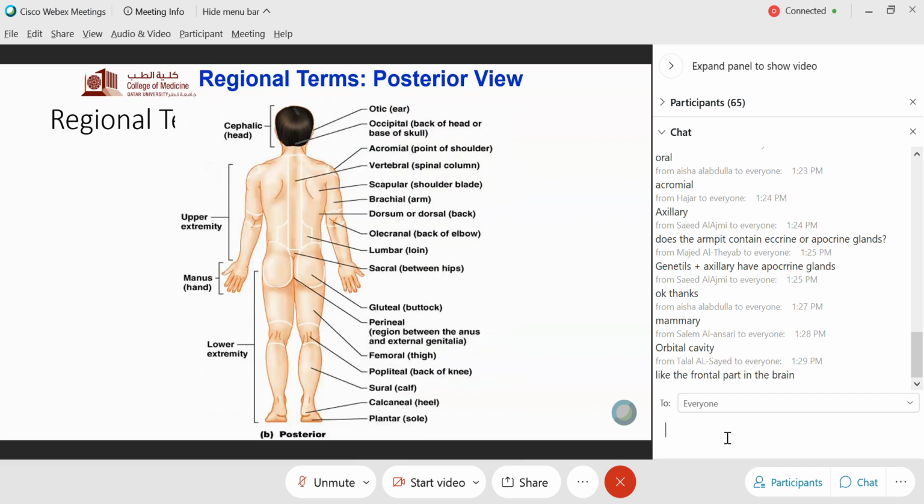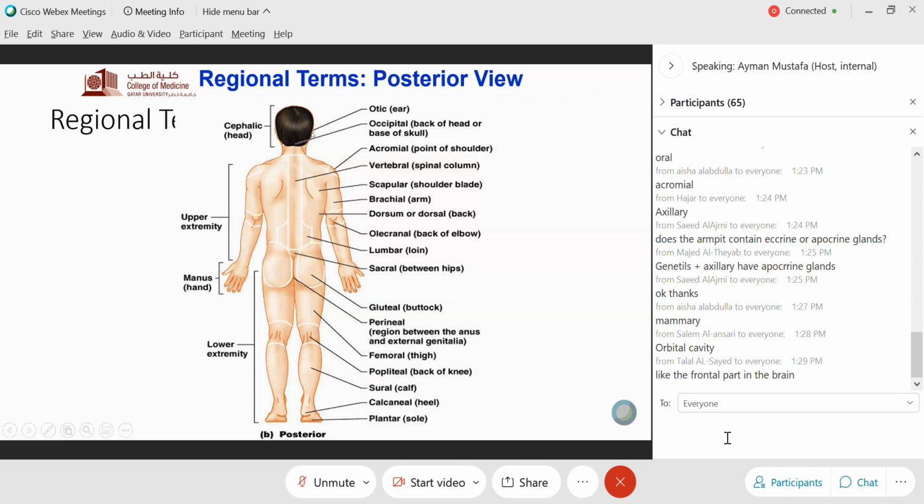Let's take a look now at the posterior. So the head, we use the word cephalic. Cephalic means related to the head. Cranial means toward the head. We have the upper extremity, and the hand, we use the word manus.